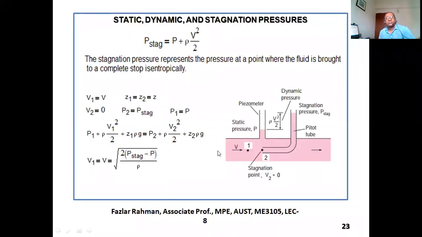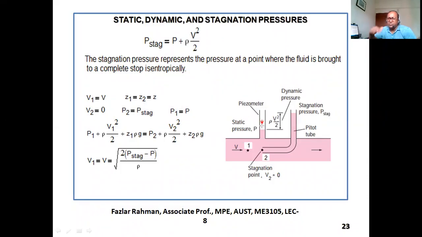Now, we know this is P stagnation pressure. Okay, you see there is a piezometer and there is a pitot tube, a kind of L-shaped tube, put in the flow. So what will happen? Due to the pressure, look at the piezometer: at the top of the piezometer is atmospheric pressure, right?